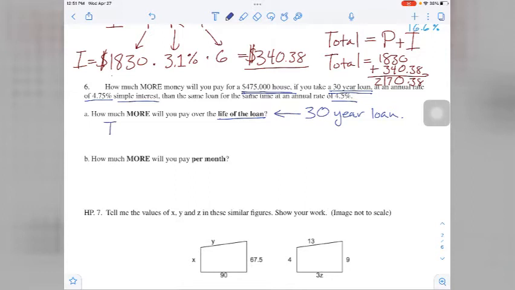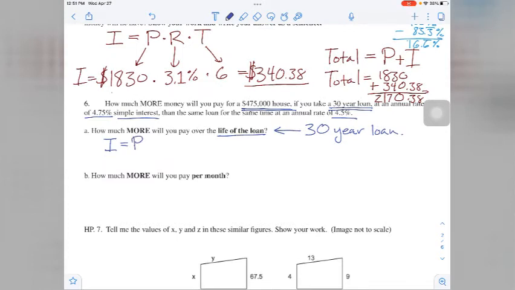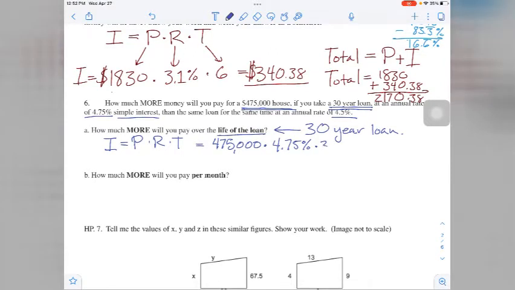So to calculate the simple interest here, the interest equals the principal times the rate times the time. In this case, the principal is the amount of the loan, $475,000, times the rate, which is 4.75%, times the time, which is 30 years.